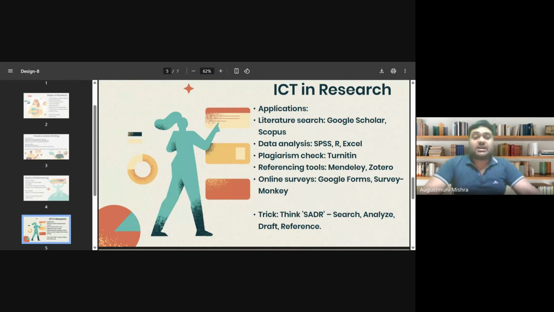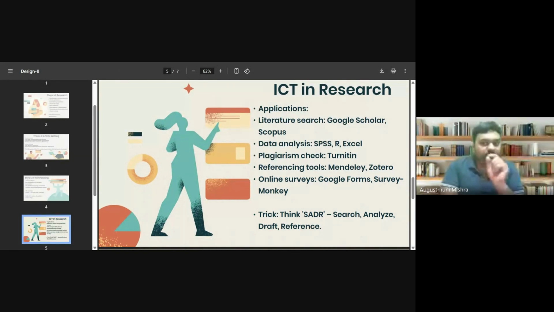Referencing tools, yes. I have observed many times in the NTA paper that they give the name of different software, like this Mendeley. This was asked by NTA in the year 22 or 23, because I go through all the papers of each year. There was a question about which software belongs to the referencing purpose.